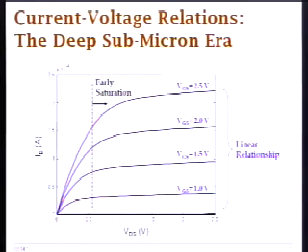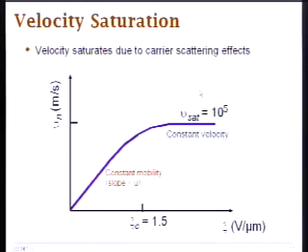For that reason you have this early saturation and velocity saturation phenomenon. Also we observed, due to that effect, a linear relationship between VGS and ID. When you increase your VGS with some increments, 0.5 volt, then you have a linear relationship of ID versus VGS. And that is due to this carrier scattering effect.